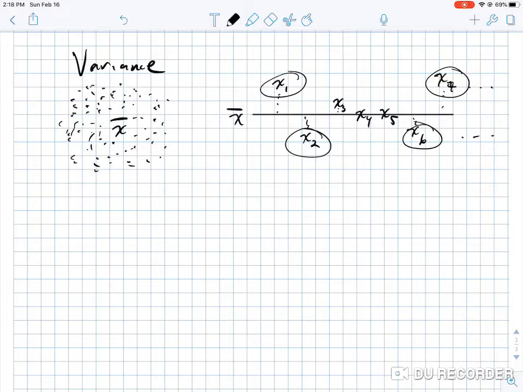So again, with the deviations, you don't want to end up with a negative variance, because variance, as we know, is never negative.